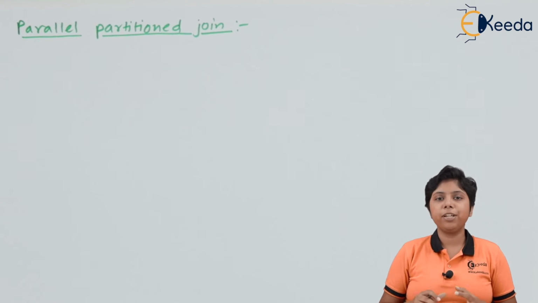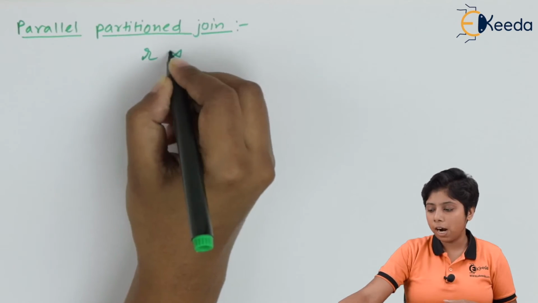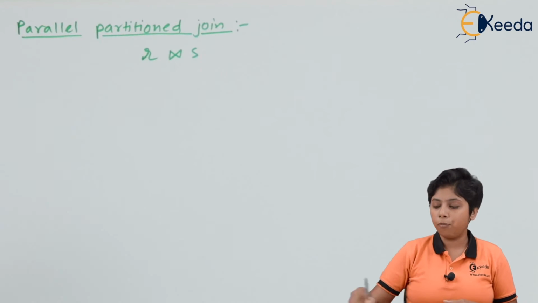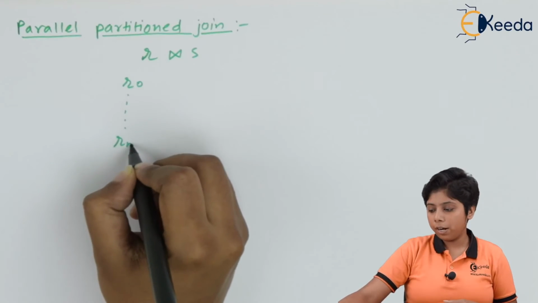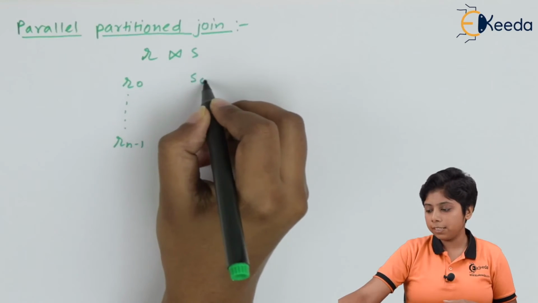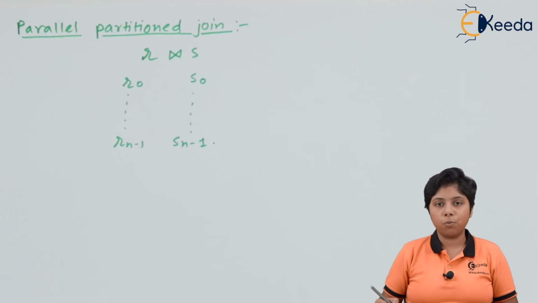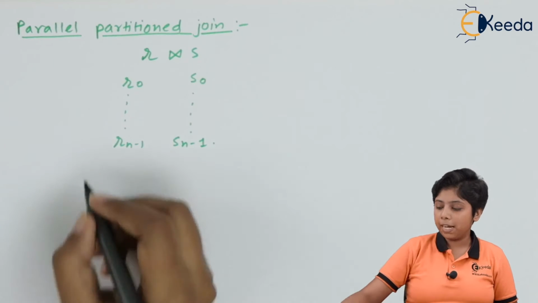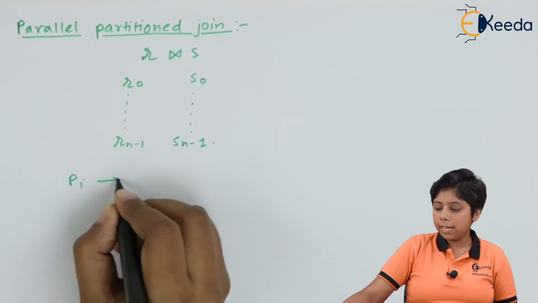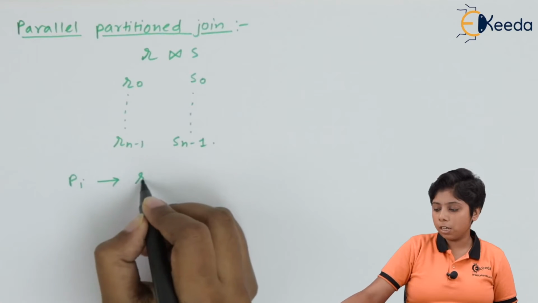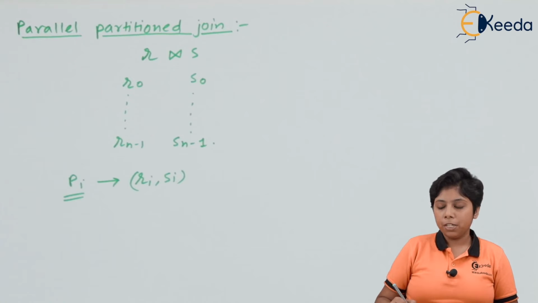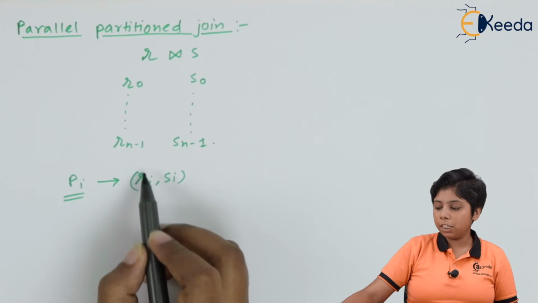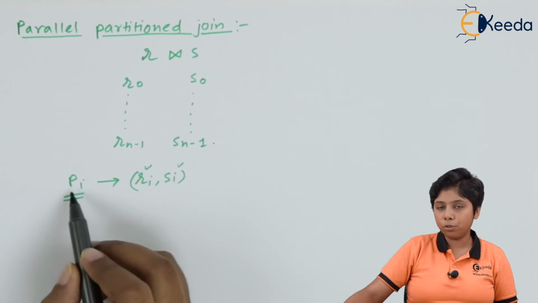Suppose that we want to join R and S. We partition R into R0 to Rn minus 1 and S into S0 to Sn minus 1. Processor Pi requests the data of Ri and Si, so the partitions Ri and Si go to Pi.